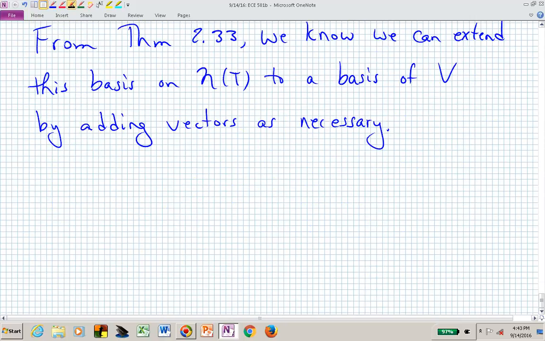So we now have u1, u2, up to u sub m. That spans the null space. That's a basis for our null space. And let's now add to that vectors w1, w2, up to w sub n. And let's say that that collection now forms a basis for our input vector space.